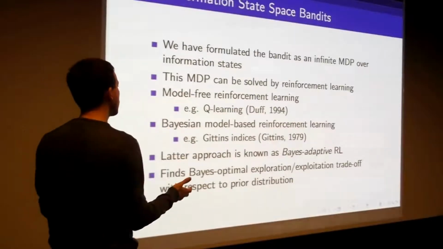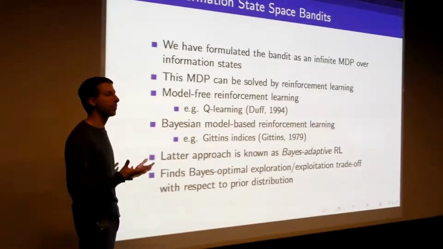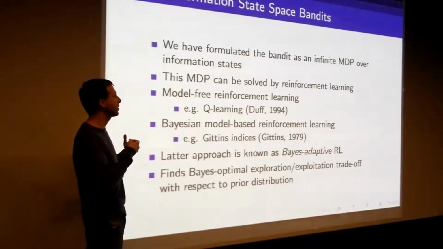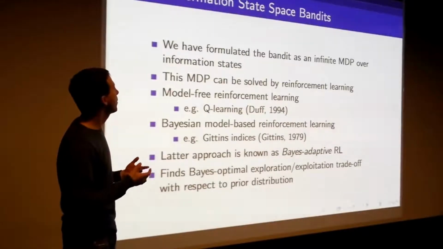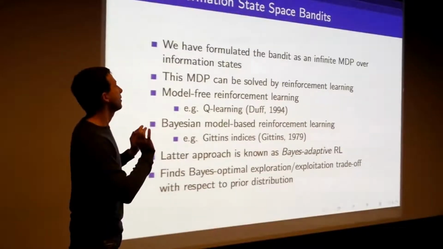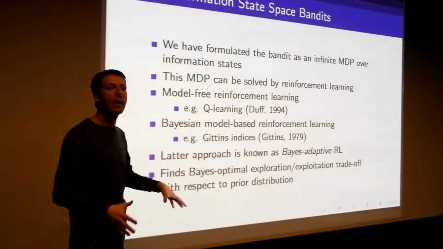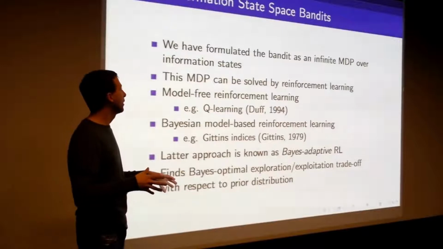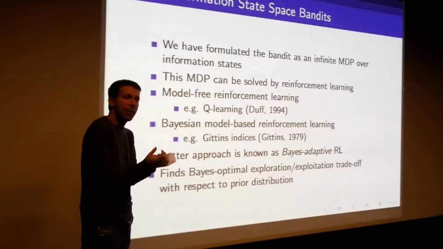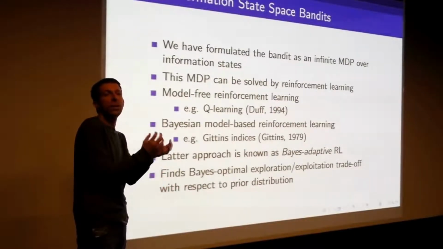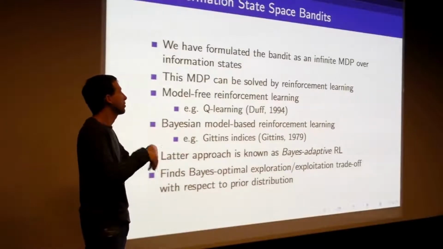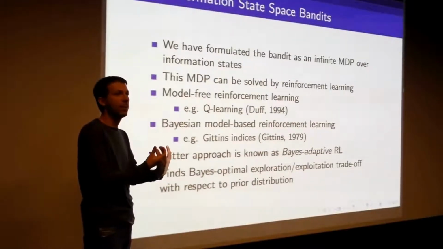And this whole approach is called Bayes adaptive reinforcement learning. Let me clarify that. So we can work with information states, and there are many different ways to work with information states. If we characterize our information by a posterior distribution, then that's what's known as Bayes adaptive reinforcement learning.